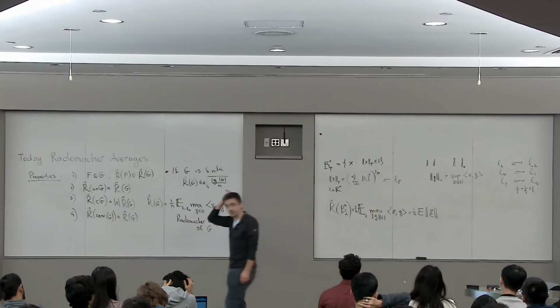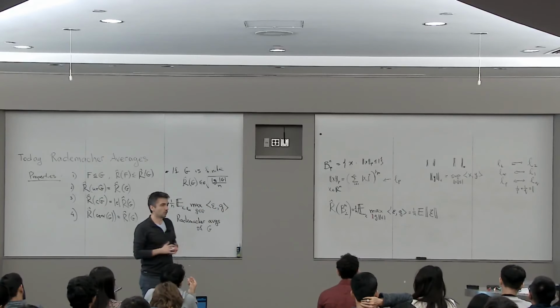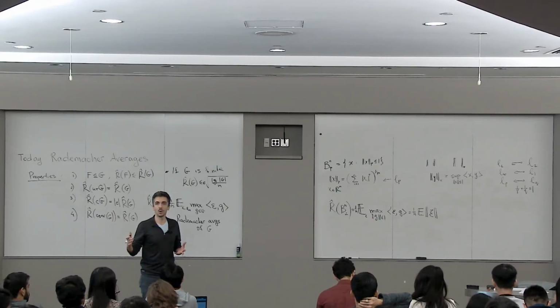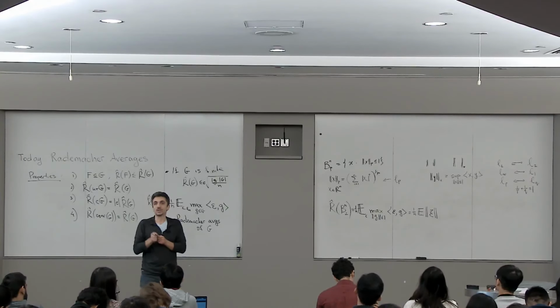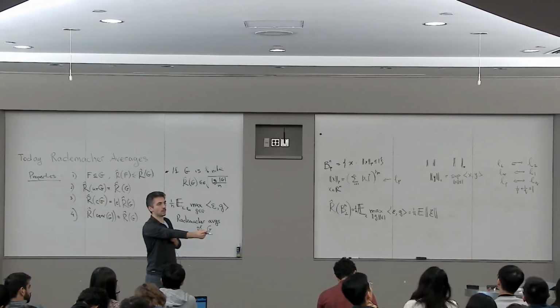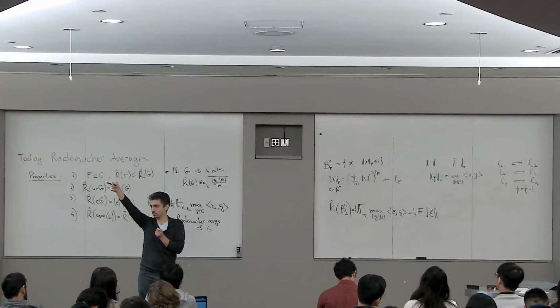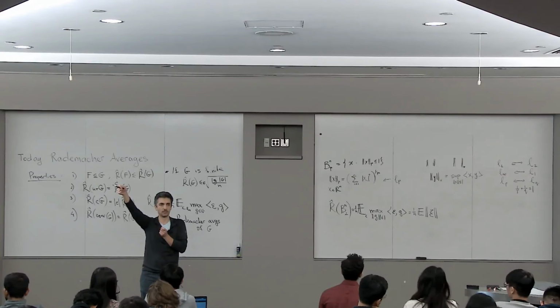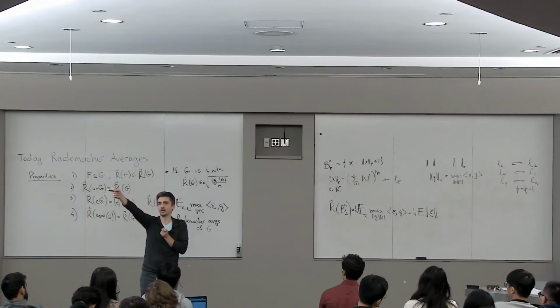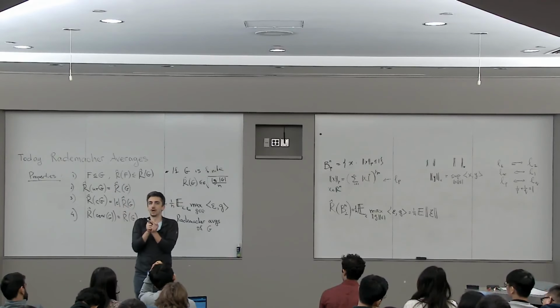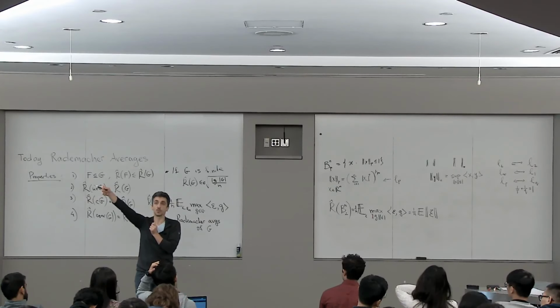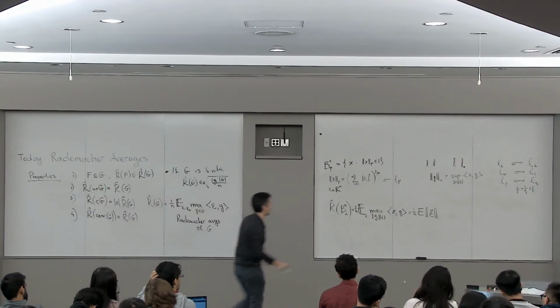So the Rademacher averages of a 2 norm ball is just, what is the expected length of a vector from 0 to the vertex of the hypercube. But actually all of them are the same, right? And what's the length? So if I'm sitting at 0, how far is the vertex of a hypercube from me in n dimensions? Square root of n. So this thing is just square root of n.